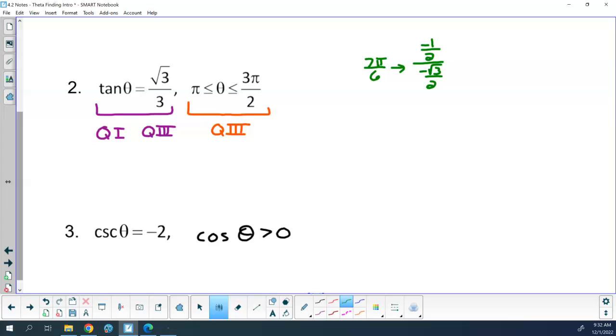Keep, change, flip says negative 1/2 times negative 2 over the square root of 3 gets me positive 1 over the square root of 3, which if I rationalize, I get the square root of 3 over 3. Positive, that's what I wanted. 7 pi over 6 is the answer.